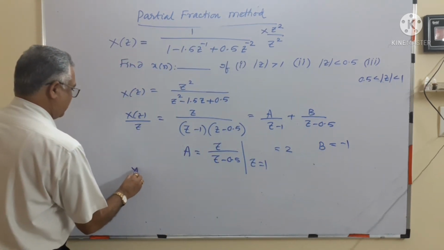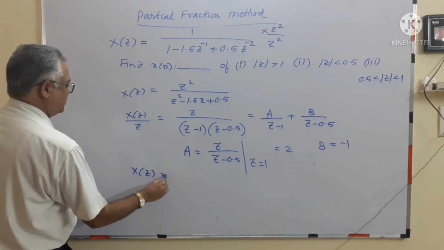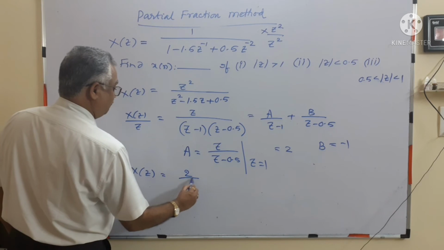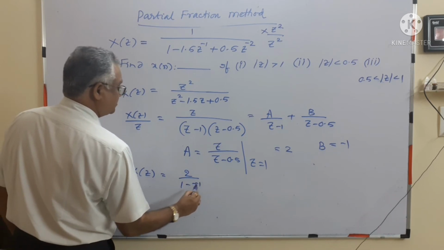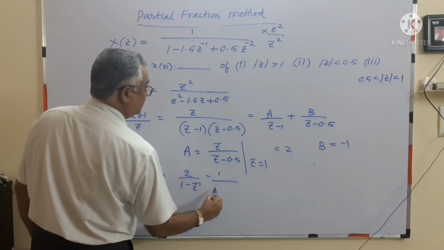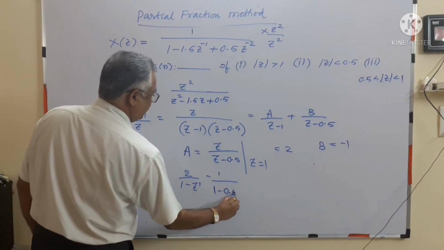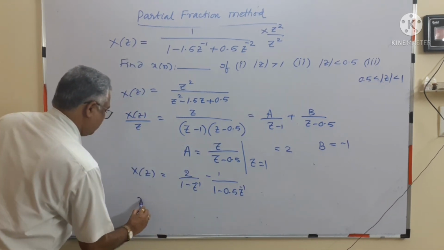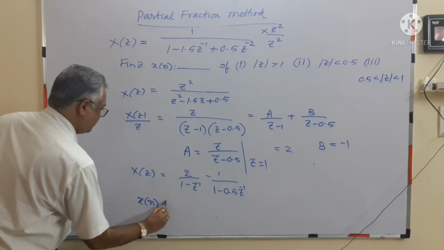So therefore X of z, this z will come here. So that is 2 by 1 minus z inverse minus 1 by 1 minus 0.5 z inverse. Now we have to find X of n.